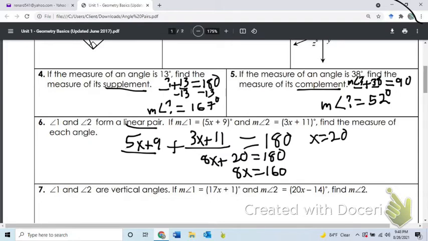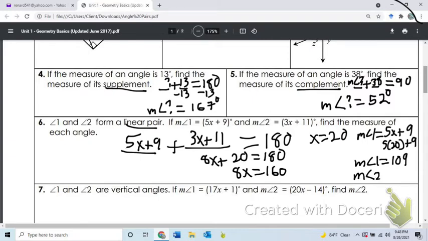Now notice here that they didn't ask us to solve for x. They asked us to find the measure of each angle. So what we need to do is plug x equals 20 back into the measure of angle 1 to get 109.